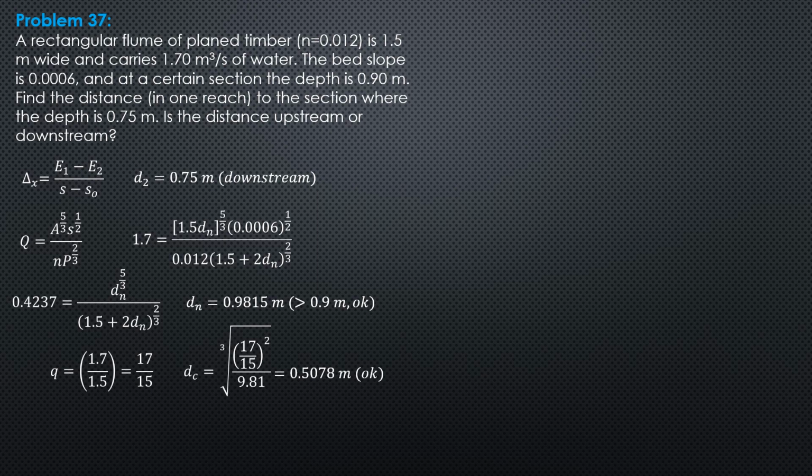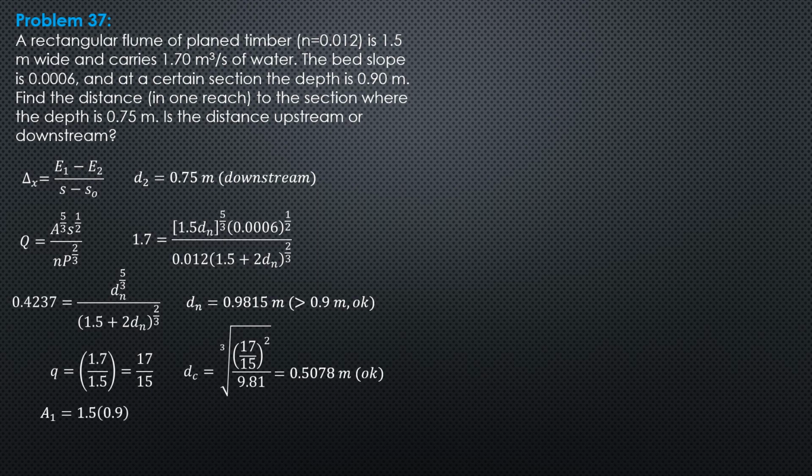This condition is necessary to validate our approximate solution. Otherwise, if it crossed, the solution would be affected, because the flow would be partially uniform. If the normal depth, for example, were 0.88 meters, between 0.75 and 0.9, it would be affected much. So it should not cross. And 0.5078 is well below 0.75 also.